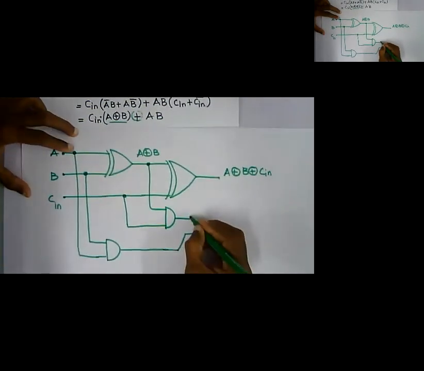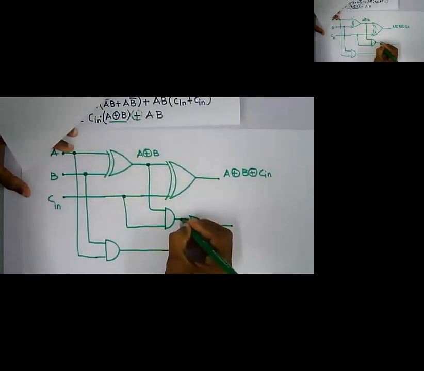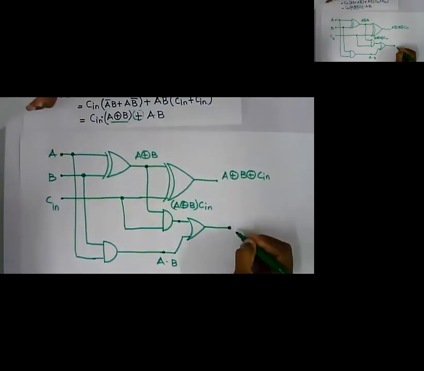Both are added together, so I give them to an OR gate. This will be my C out.